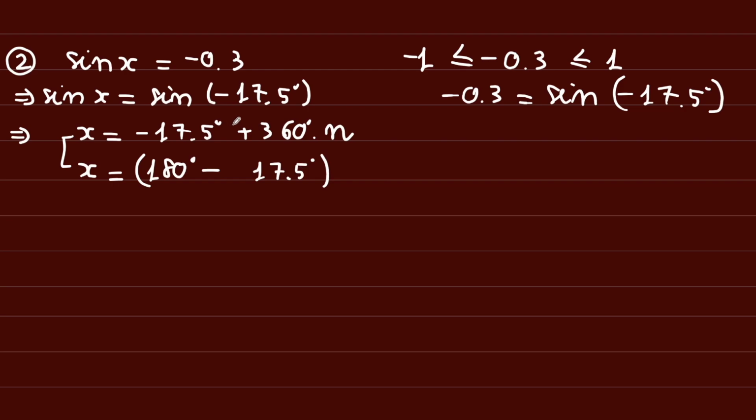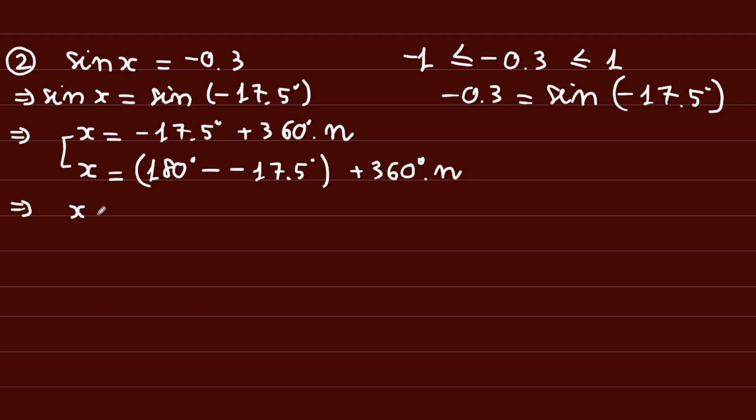The original angle in this case is minus 17.5. So one more minus sign in this one, and you can see that minus and minus represent a plus or addition angle. It's not a subtraction angle anymore. And the outside of this bracket will be 360 degrees multiplied by n.